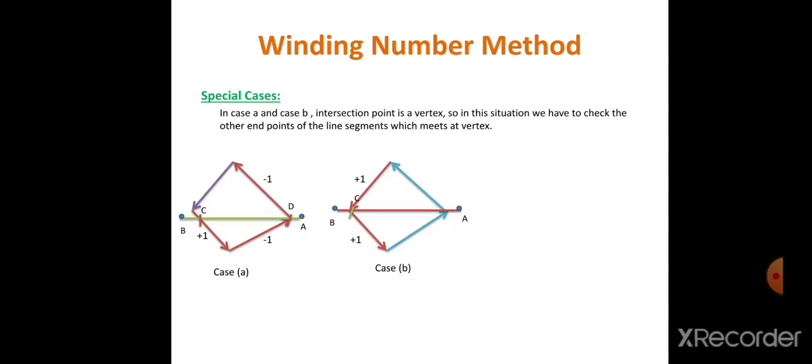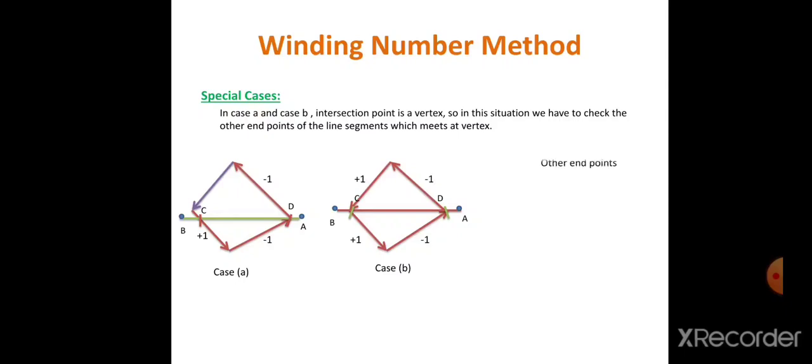Same for the intersection point D, you have to check where the line is starting. These are the two lines passing through this intersecting point. Here the line starts from below and ends above, and here it also starts from below and ends above. So here we have to take -1 -1.